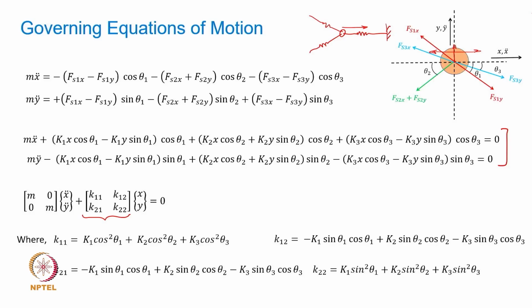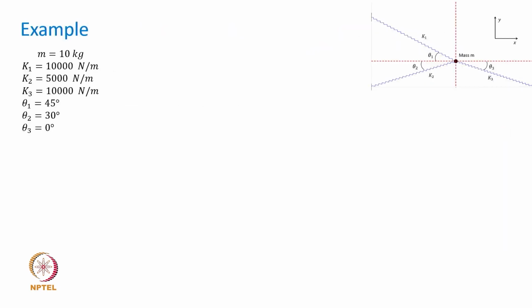But that is not what we want to focus on. We want to now understand the modes and their character and the motion in the individual modes of this particular mass, right. So what we do, we take a small example.